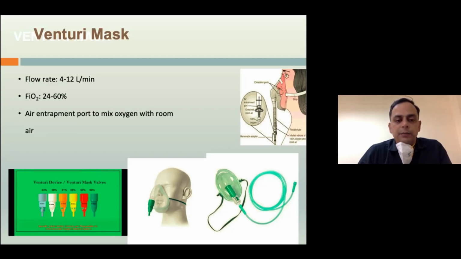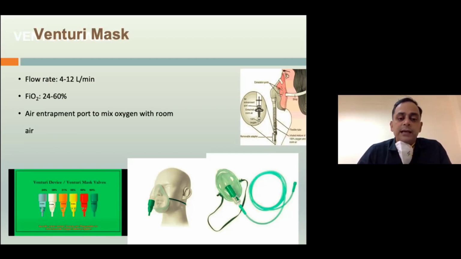Depending upon the color code, it has a different structure, which means there is a different size of port in this which entraps air from the atmosphere. The Venturi mask provides different concentrations with different color-coded masks.